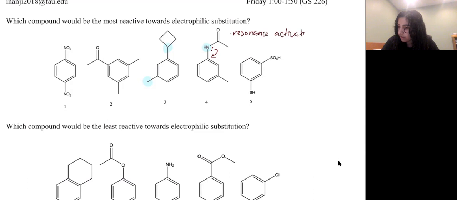So the resonance activator is stronger than just the induction. I don't think it would be weaker because it's still resonance. And I think that would be more powerful than the induction. And you also have this R group over here.